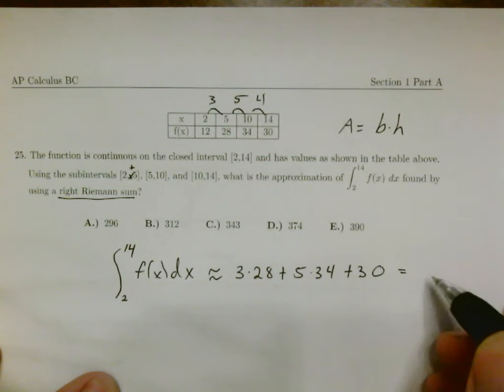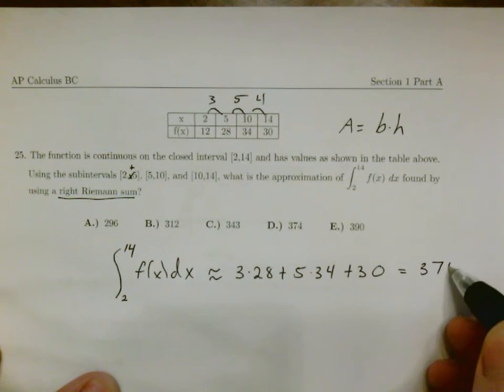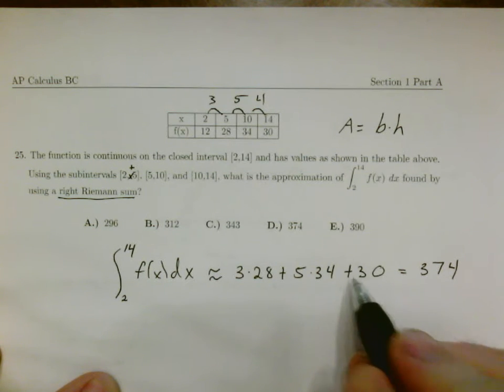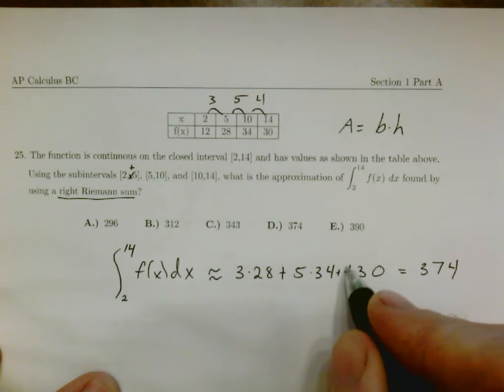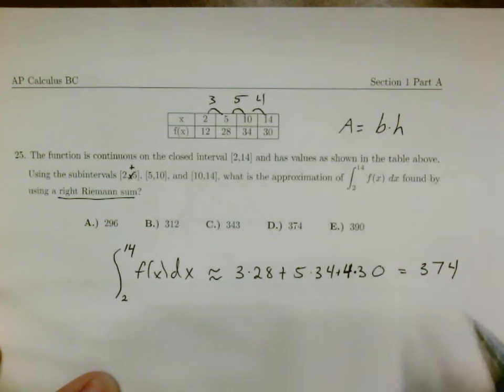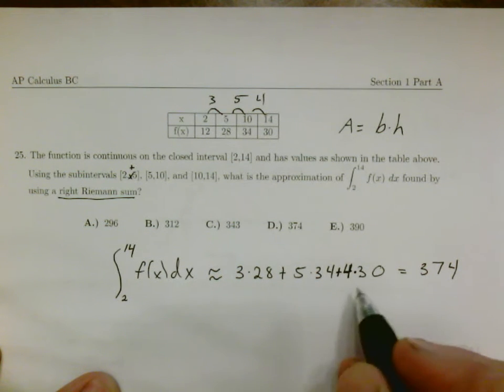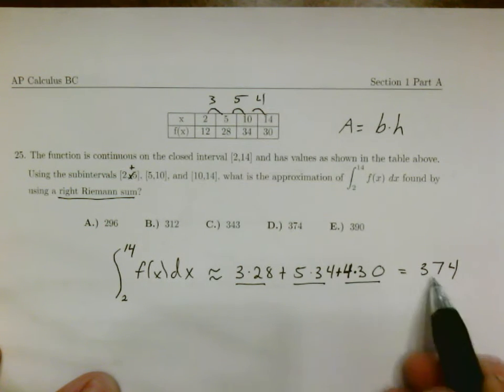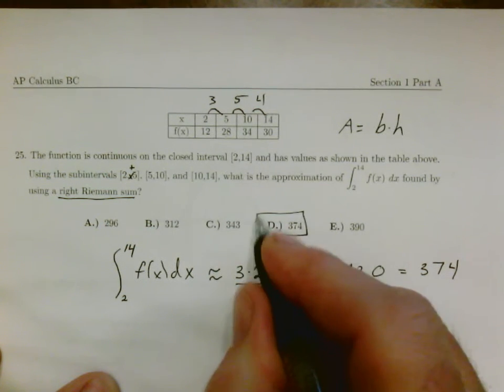And when we do this, the answer is 374. I messed up here. This should be plus 4 times 30. There we go. Okay, so you have 3 times 28 plus 5 times 34 plus 4 times 30 gives you 374, and that is your answer.